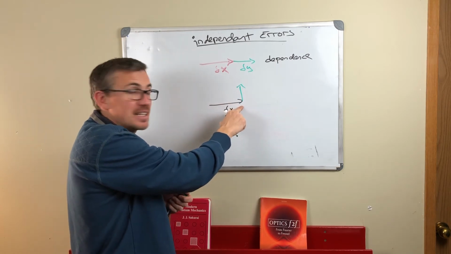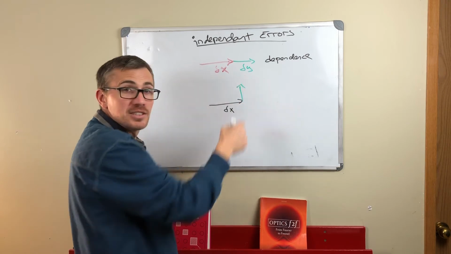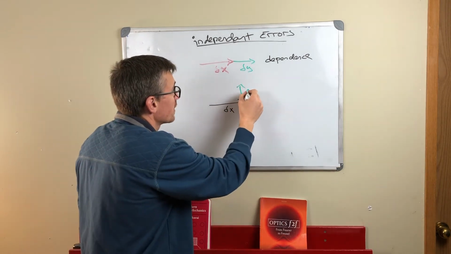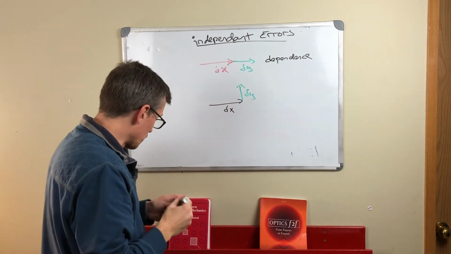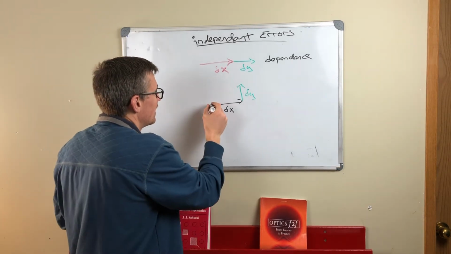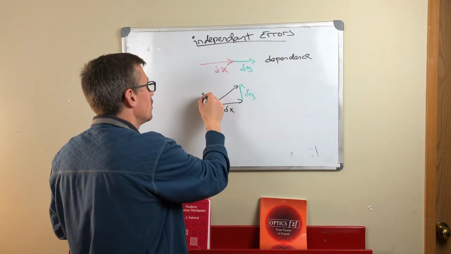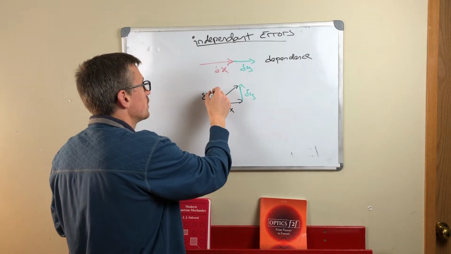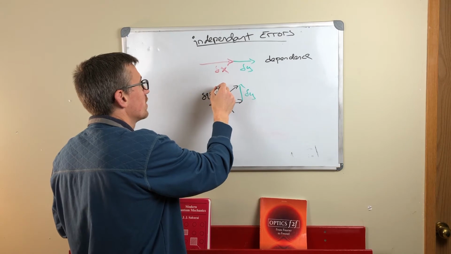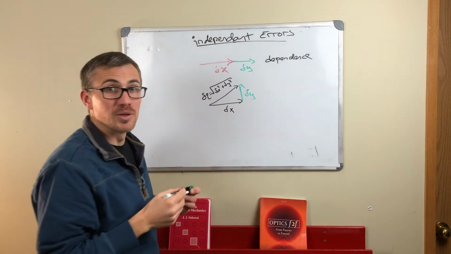It's not going to add any length to x. A knowledge of x is independent of what y is doing. And we can draw that graphically this way. I'm afraid I only have two colors left now. My total error here, delta q, is equal to delta x squared plus delta y squared, all square rooted.